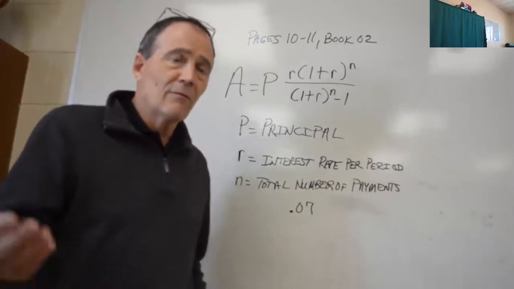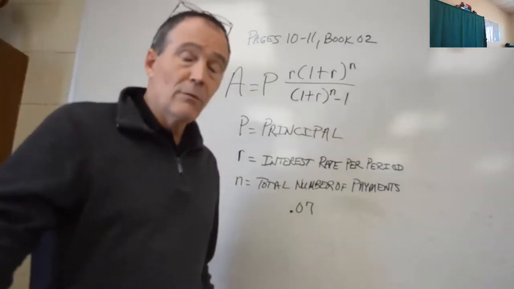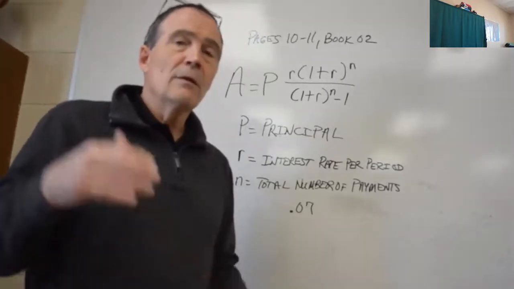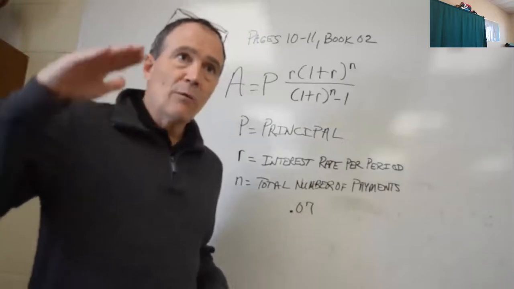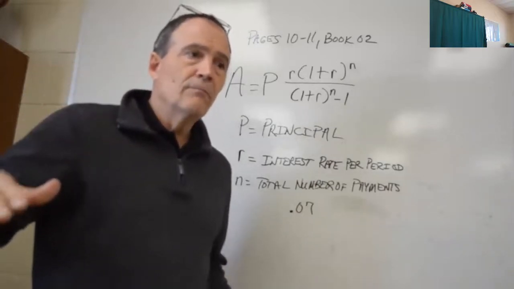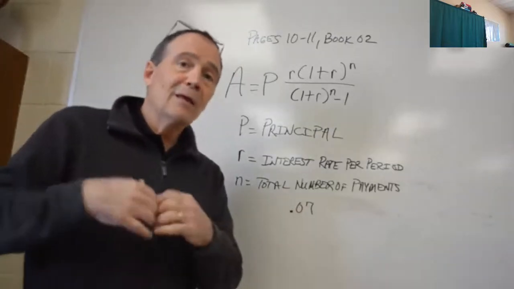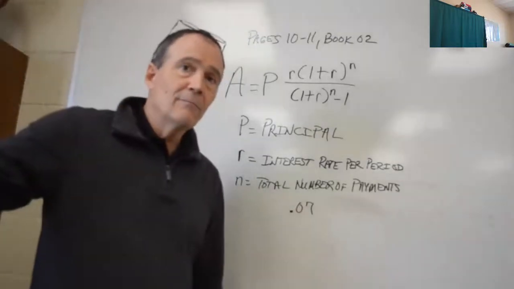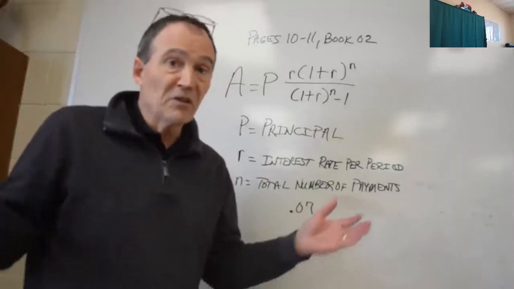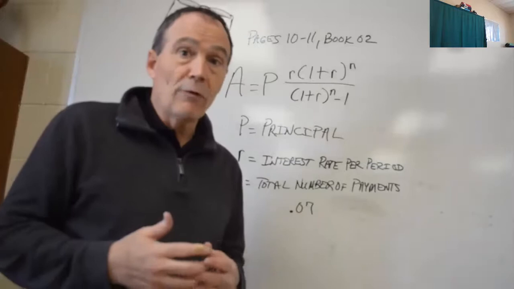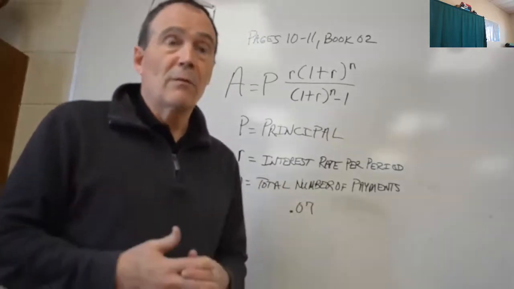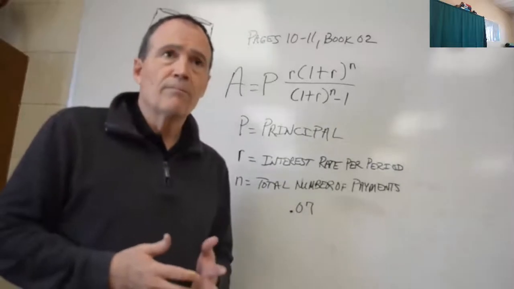What that means is, using my example earlier, if I borrow $4,000, I'm paying down the $4,000 as I go. I'm also paying interest on that. So in the end, I'm going to pay significantly greater amount than $4,000. It depends on how many payments I make and so forth.